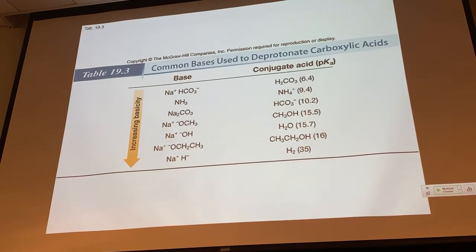A 5 order of magnitude difference in acidity means you're going to get well over 99% deprotonation of phenol, whereas with sodium methoxide, you get somewhere between 50 to 60% deprotonation. Okay? So methoxide, hydroxide, ethoxide, hydride, any of those bases would fully deprotonate phenol. Which base would fully deprotonate ethanol?